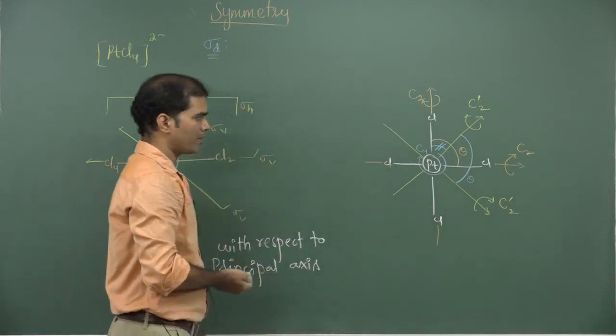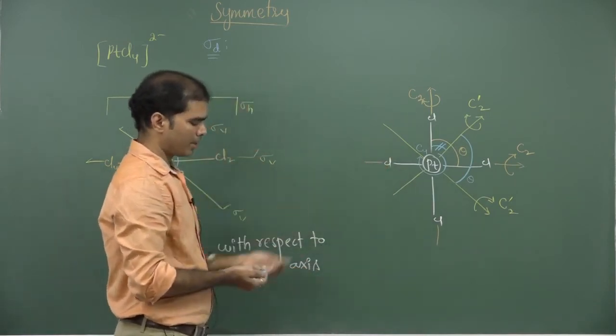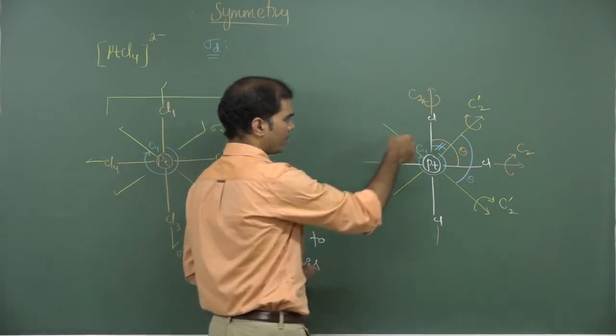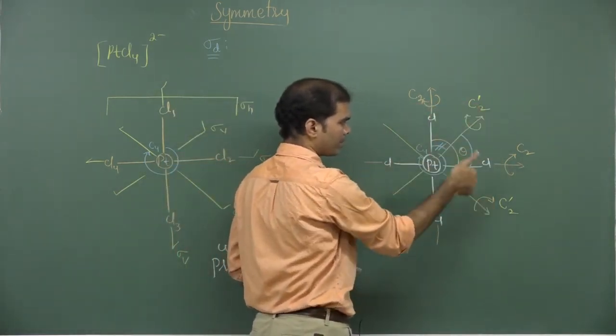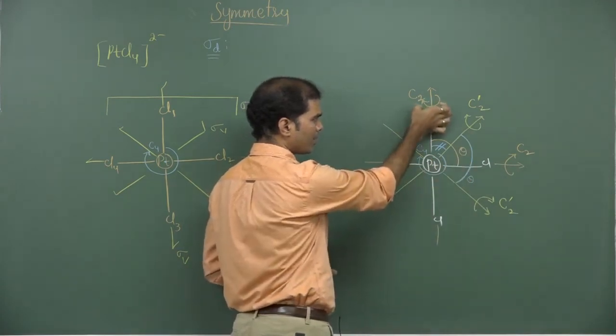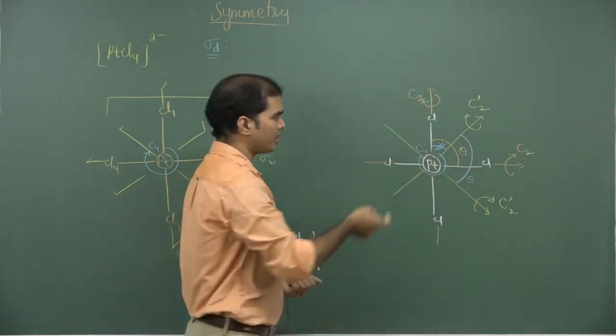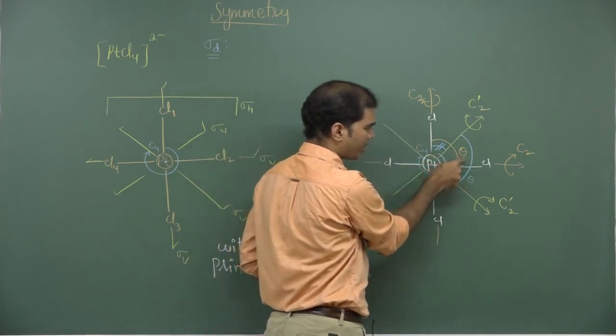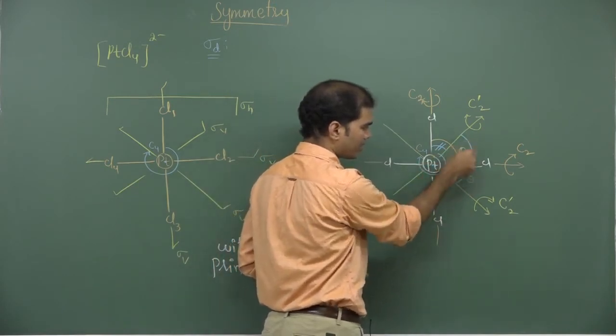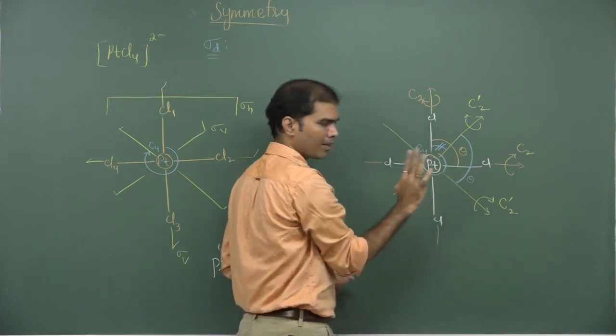Based on this definition, now let us try to get the planes. This is a C2, this is a C2, C2 prime, C2 prime. Which one will get priority? C2 will get priority. So with respect to this priority, this theta I am taking as a dihedral angle. This blue one I am not taking as a dihedral angle.